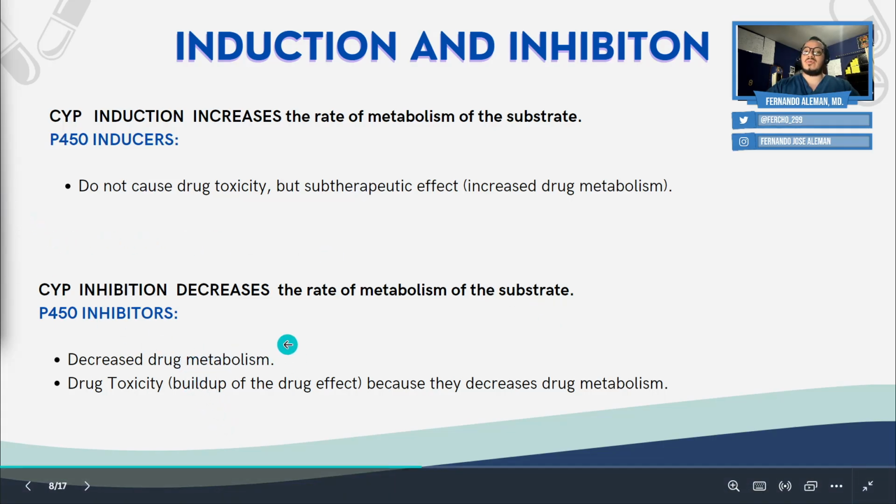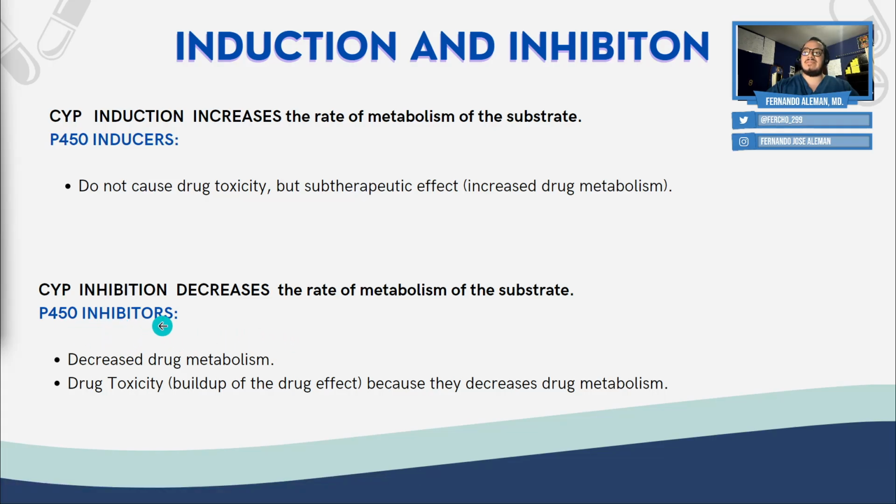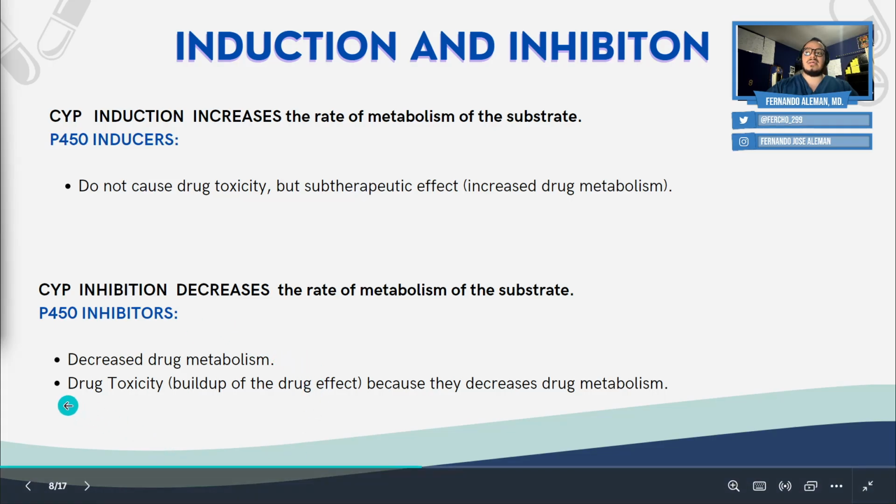In other words, the P450 inhibitors will lead to a decrease of the drug metabolism, and this decrease will lead to drug toxicity because the drug is not being metabolized. So there is a buildup of the drug effect in our body because the drug metabolism is decreased.